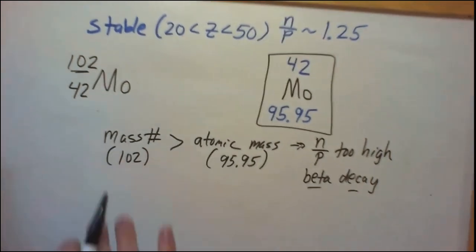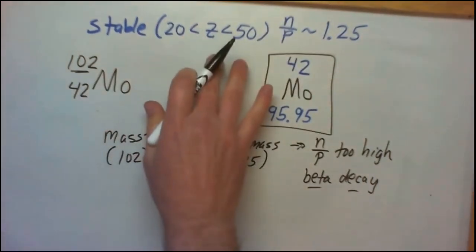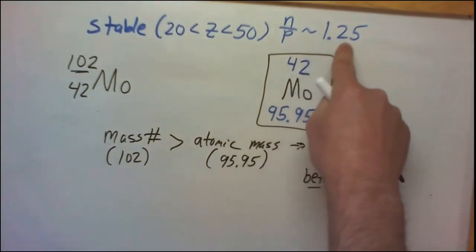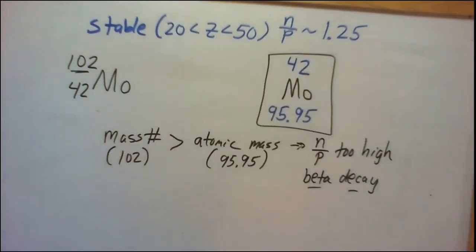Alternatively, we can remember that for this size isotopes, a stable neutron-proton ratio is about 1.25. So, like we just saw in the previous example, we can calculate what that neutron-proton ratio is and then come to the same conclusions.